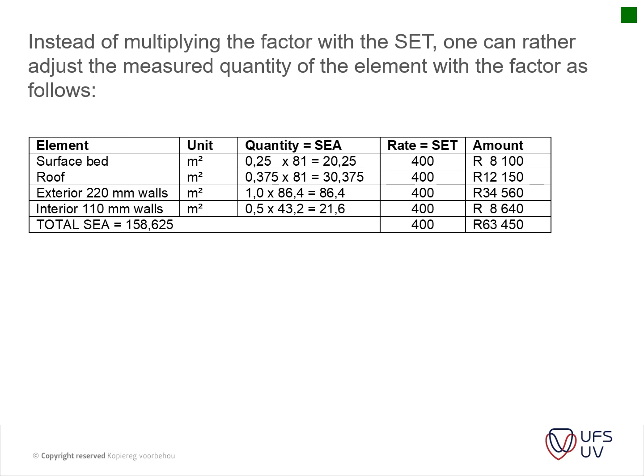So we've got our areas that we've worked out in our first example, and we've got our factors. So what we just do is, instead of multiplying the factors with our rates, we multiply them with our areas, and thus we get a total area of 158 square meters if we add the 20.25, the 30.37, the 80.4 and the 21.6.